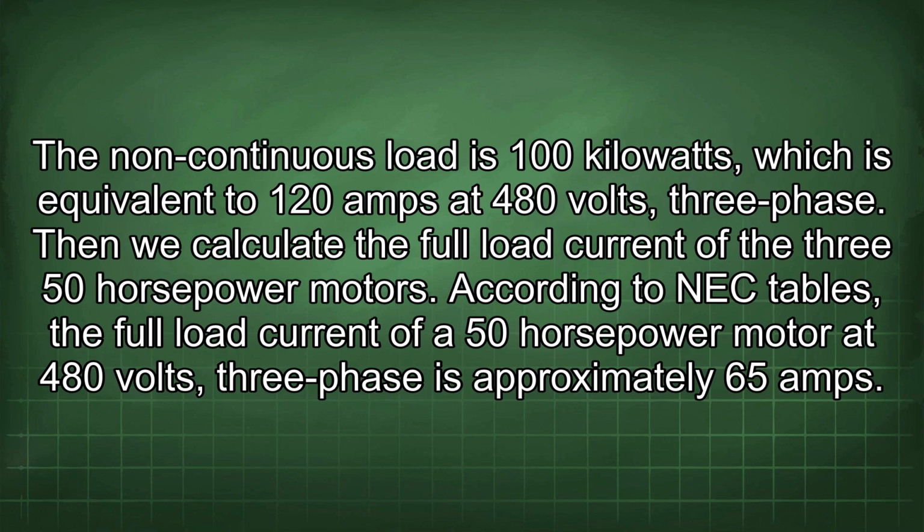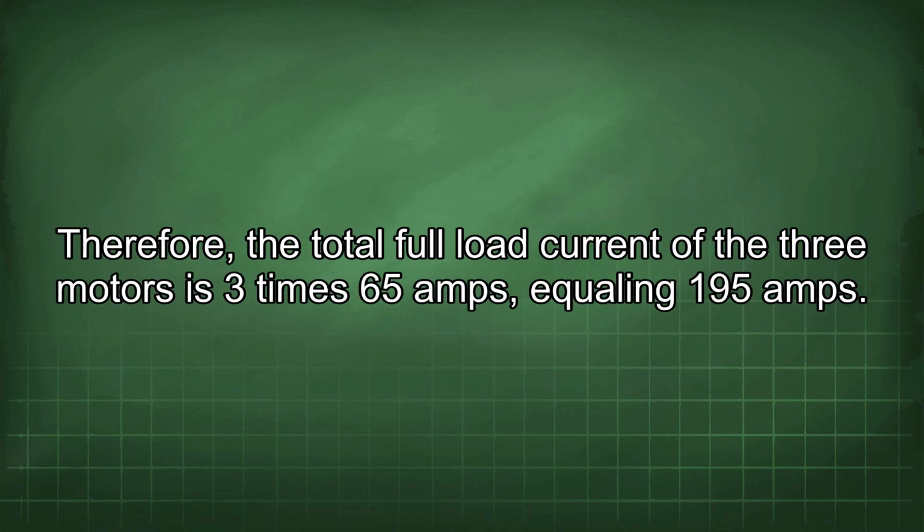Then we calculate the full load current of the 3 50 horsepower motors. According to NEC tables, the full load current of a 50 horsepower motor at 480 volts, three-phase, is approximately 65 amps. Therefore, the total full load current of the three motors is 3 times 65 amps, equaling 195 amps.